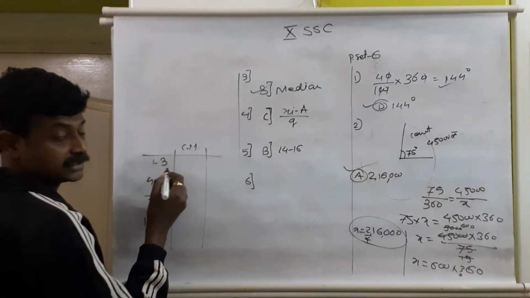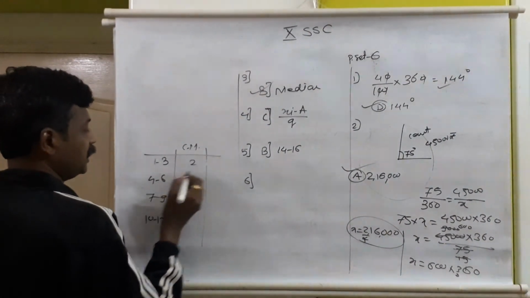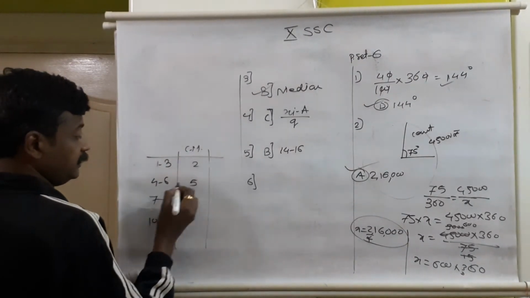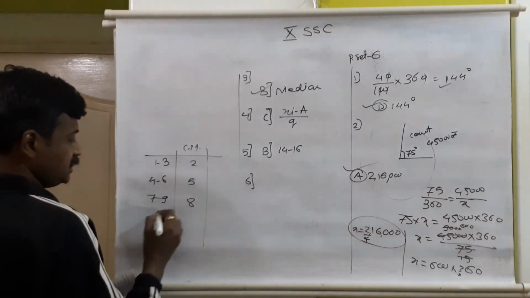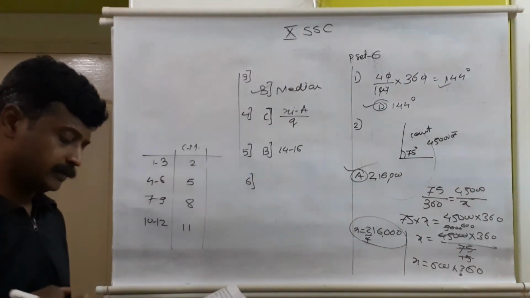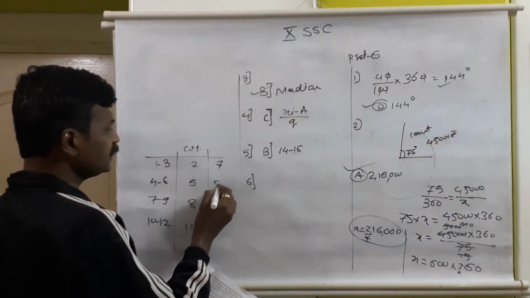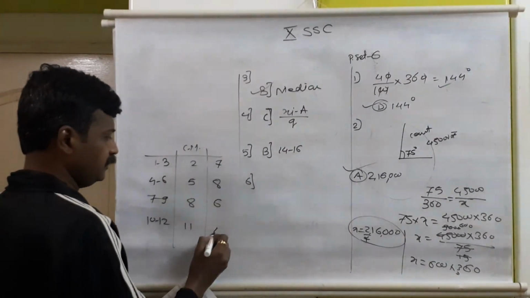For class 1 to 3, the addition of both divided by 2, 4 divided by 2, the class mark is 2. Here the class marks will be 5, 8, and 11. These will be the x coordinates. Frequency will be the y coordinate. Frequencies given here are 7, then 8, then 6 and 4.